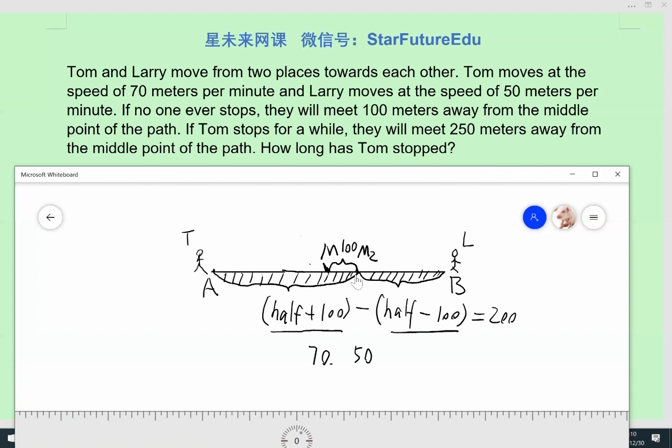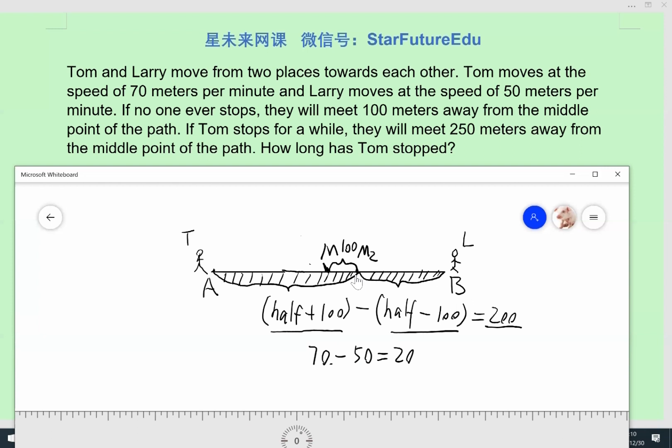So for every single minute, Tom can travel how many more meters than Larry? 20 meters. Right. Tom traveled 20 more meters than Larry for every single minute. And in total, Tom had traveled 200 more meters.